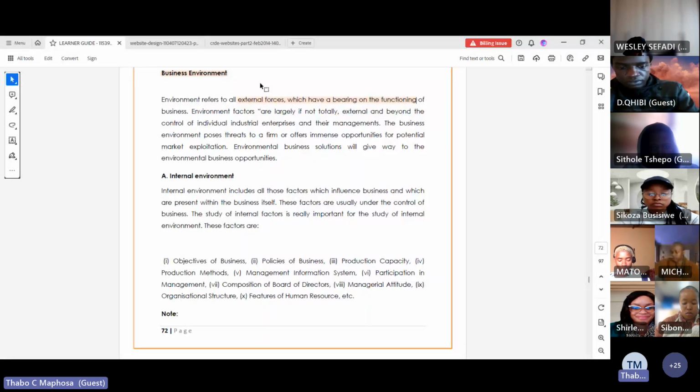And then our business factors are largely, if not totally, external and beyond the control of individual industrial enterprises and their management. What they're simply saying here is that most businesses in this world are largely external, and you have no control.